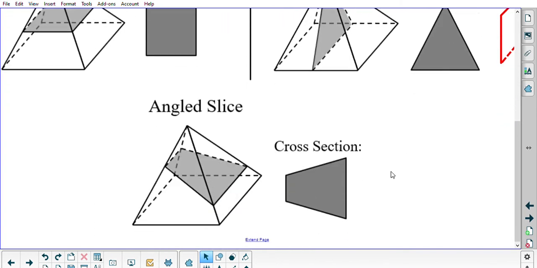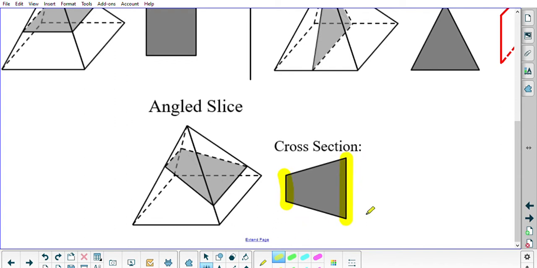Now, angled slices to me are the trickiest of all slices to figure out the cross-section. If I do an angled slice like you see here on the square pyramid, then it's kind of like taking the square but shifting the left side up, which makes the side on the far left much shorter than what it is on the right.